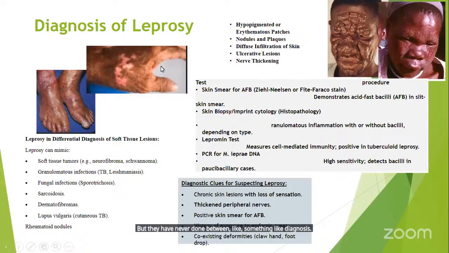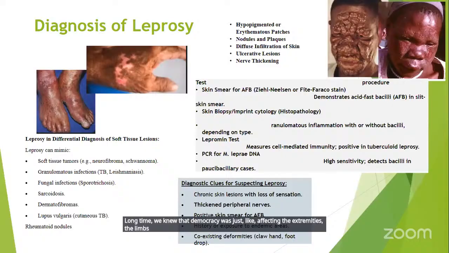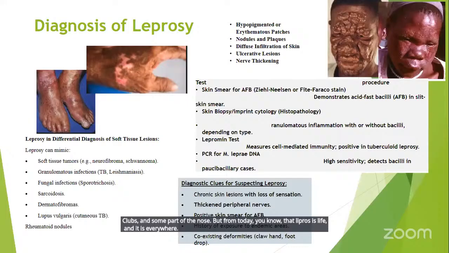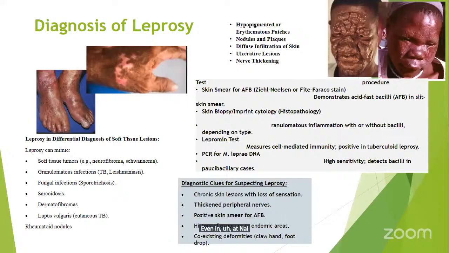This is leprosy, beautiful pictures. Long time we knew that leprosy was just affecting the extremities, the limbs, the last fingers and the ear lobes and some part of the nose. But from today, you know that leprosy is alive and it is everywhere. Even at Nairobi, in the capital city of Kenya, we have leprosy.